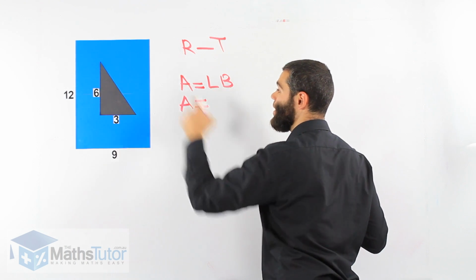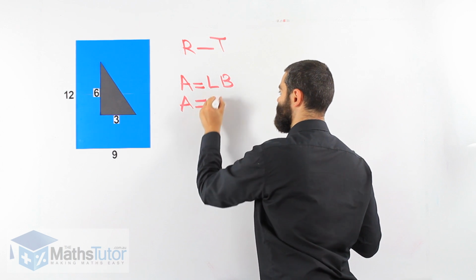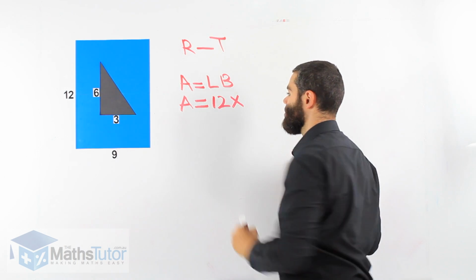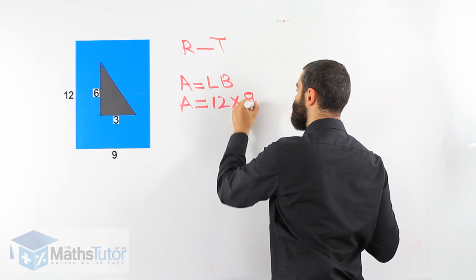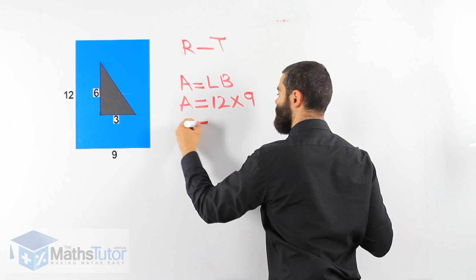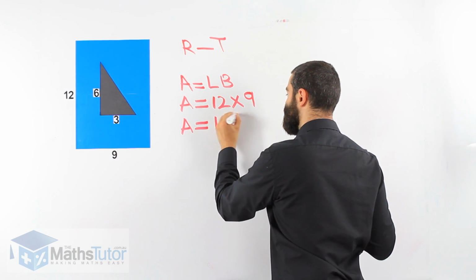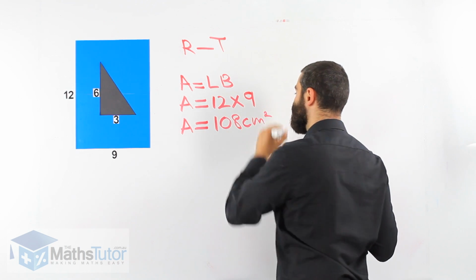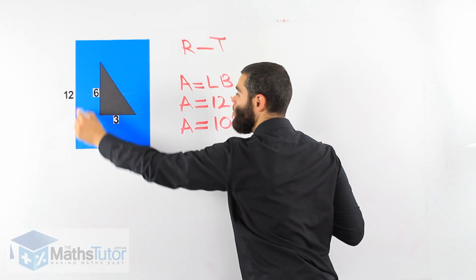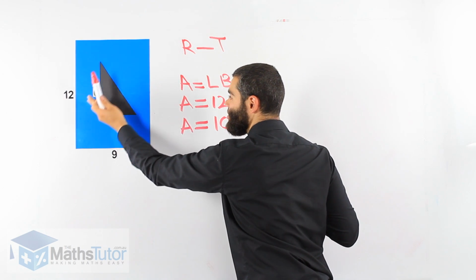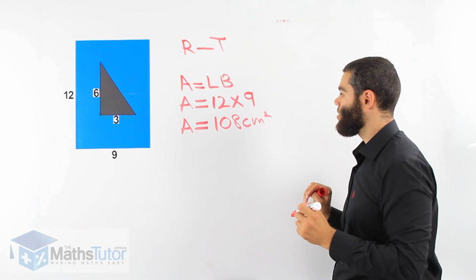The length is 12 times, and the breadth is 9. 12 times 9, 108 square centimeters. So now we worked out the total area, everything inside the rectangle there.